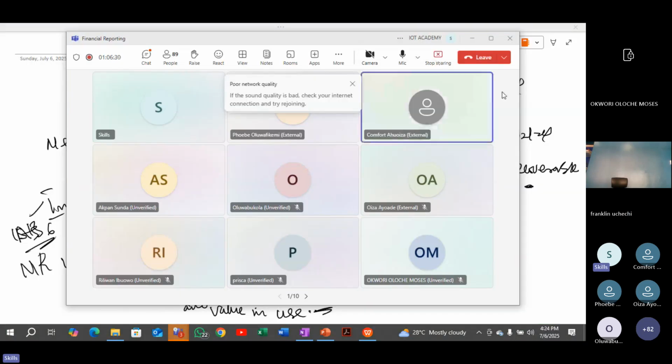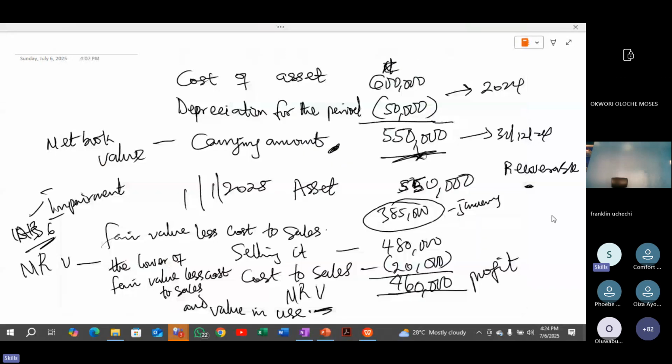Okay. So now, my sister who asked the question, please. What I'm saying is, do you understand the carrying amount now? Yes, sir. Okay. Now, I'm still coming to impairment too. The recoverable amount, we now say that you want to sell that asset. The amount that you have in your book, you say it is 550.